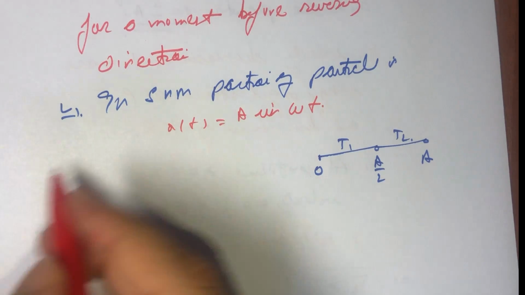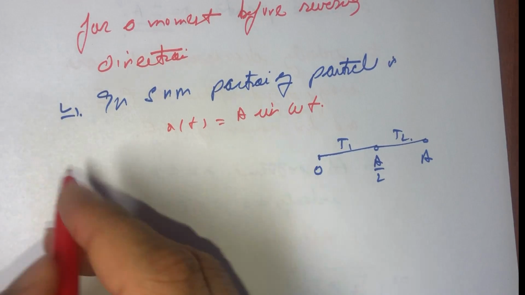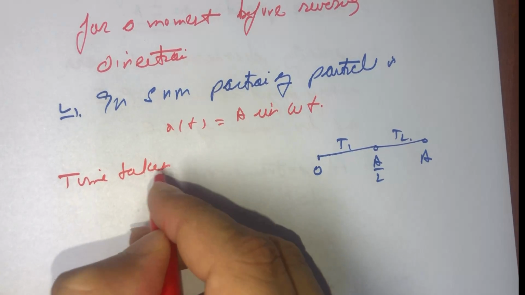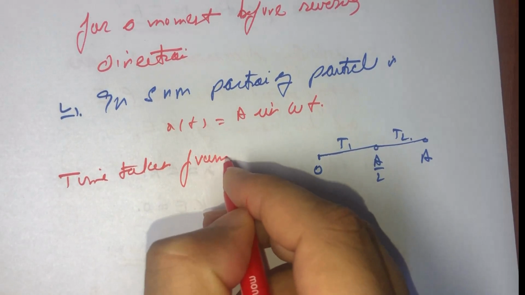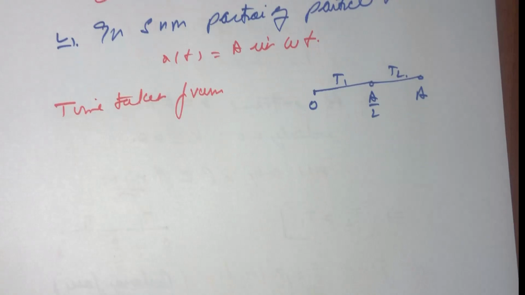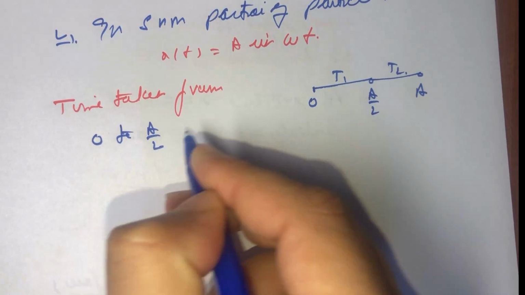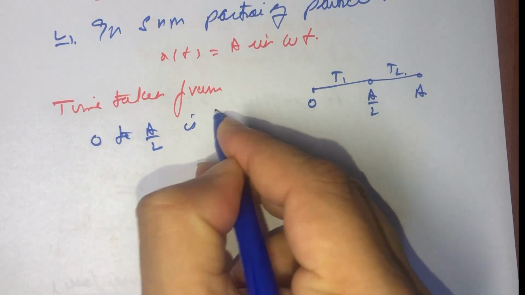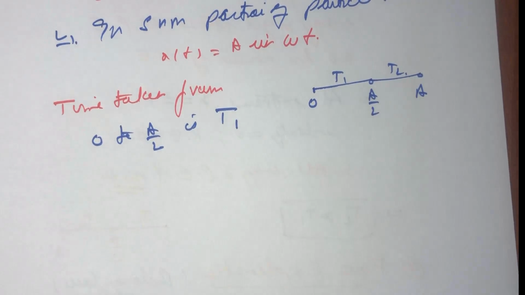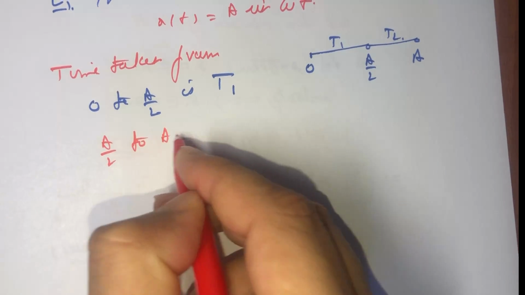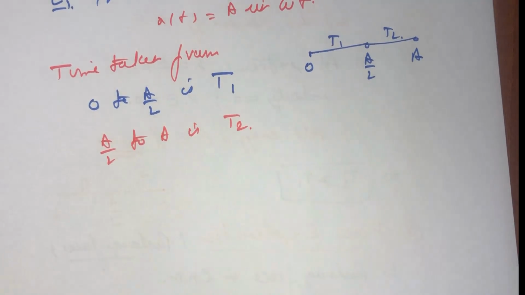So in the question it is given that the time taken from O to a by 2 is t1 and from a by 2 to a is t2.